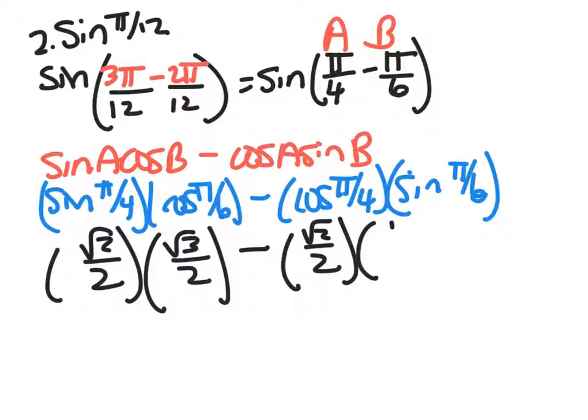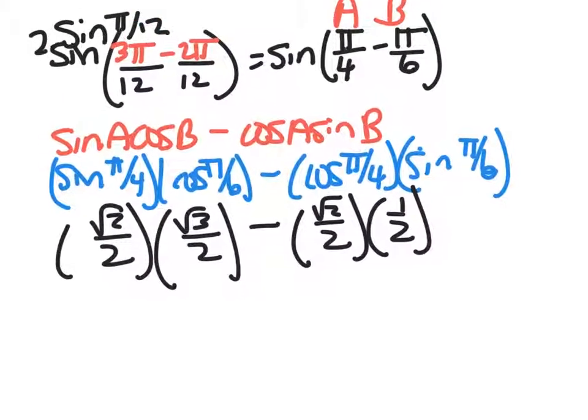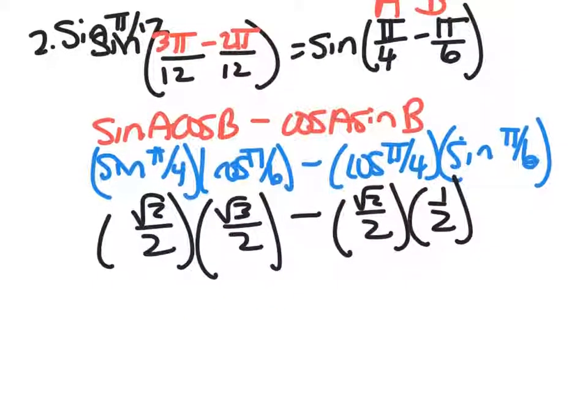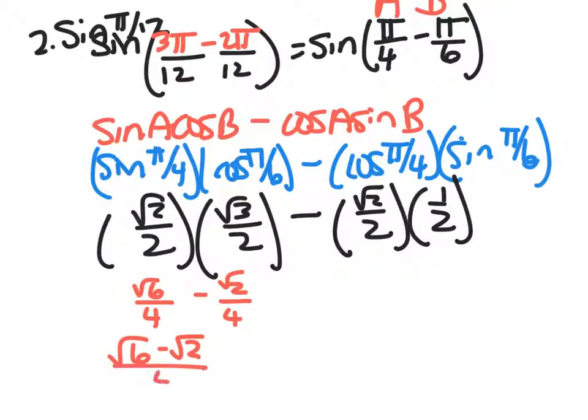Sine of pi over 6 is a half. This gives me square root of 6 over 4 minus square root of 2 over 4. And again, just like the last one, I'm going to write it all as 1. Square root of 6 minus square root of 2 over 4.